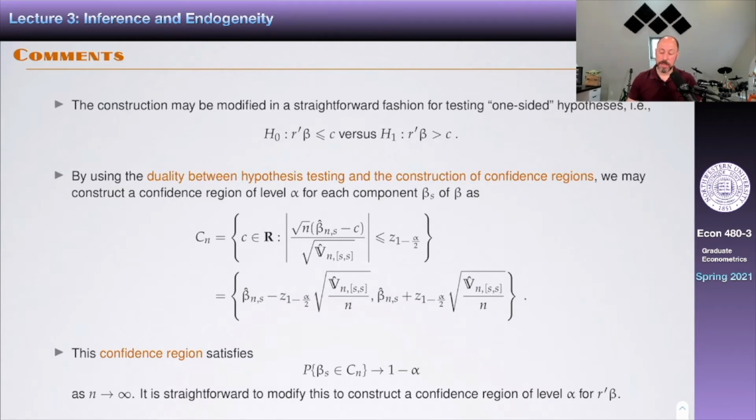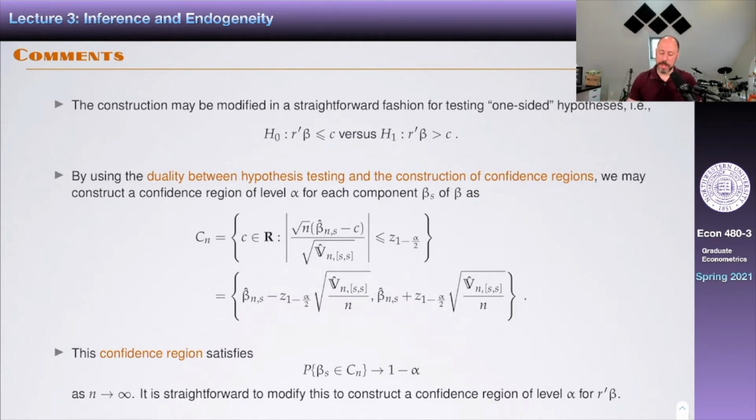Then there's something called the duality between hypothesis testing and the construction of confidence regions, which tells you essentially that if you know how to do hypothesis testing, then you know how to construct a confidence interval or a confidence region. And if you know how to construct a confidence region, then you know how to do hypothesis testing, because these are dual problems.